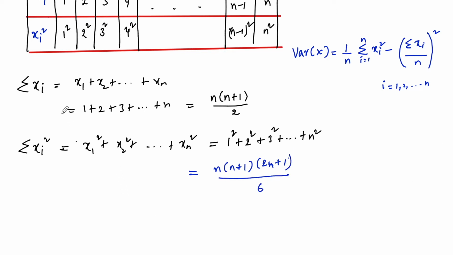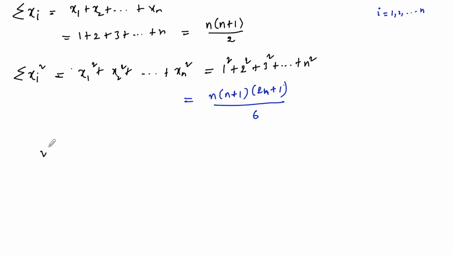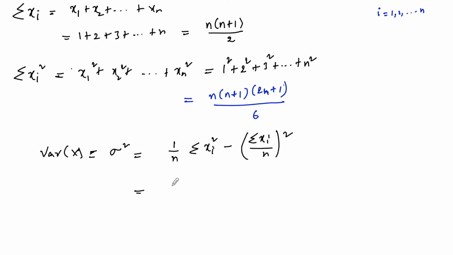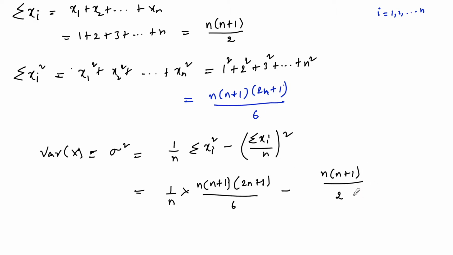So let us substitute summation xi and summation xi square in the formula of variance. So variance of the observations, that is variance of x, that is sigma square, is equal to 1 upon n summation xi square minus summation xi upon n whole square, which is 1 upon n into, summation xi square is n into n plus 1 into 2n plus 1 upon 6, minus summation of xi is n into n plus 1 by 2, into n whole square.